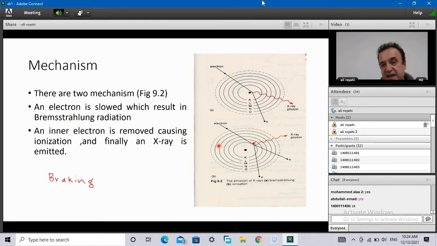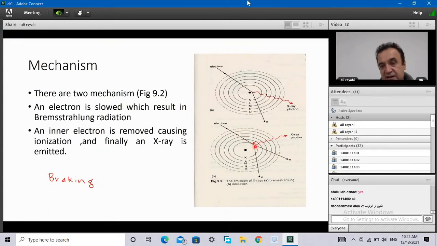The second method of producing X-ray is this. When the electron coming from the cathode strikes not the nucleus, but an inner electron.